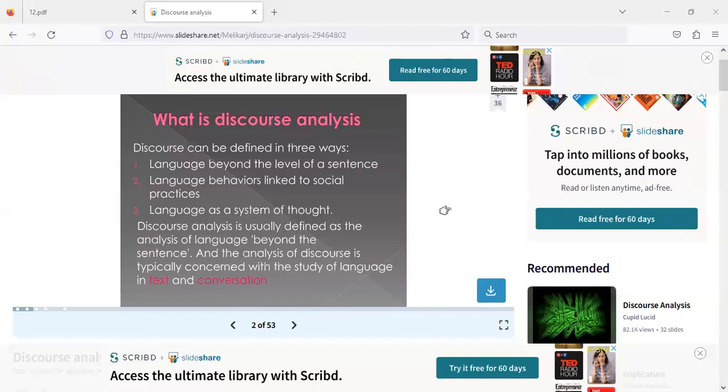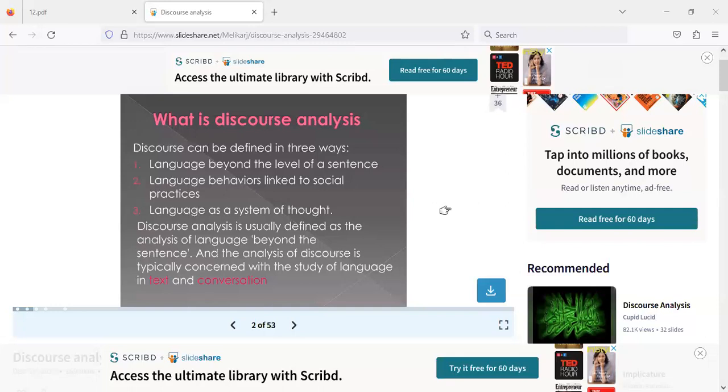Then discourse analysis is usually defined as the analysis of language beyond the sentence. The analysis of discourse is typically concerned with the study of language in text and in conversation. Text most probably means the written form, and conversation, which can be a dialogue, is the spoken form.